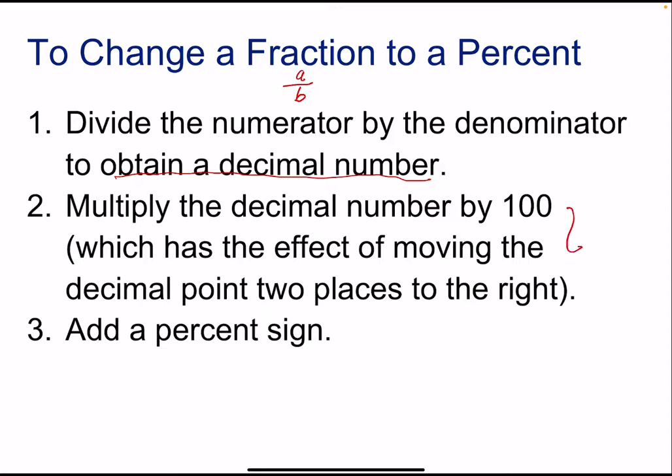Now this really just means multiplying by 1, which is multiplying by 100 over 100, or multiplying by 100%. Notice 100% is 1. So first, you obtain a decimal representation of the fraction a over b, and then multiply the decimal number by 100%. So that's the way to see it.